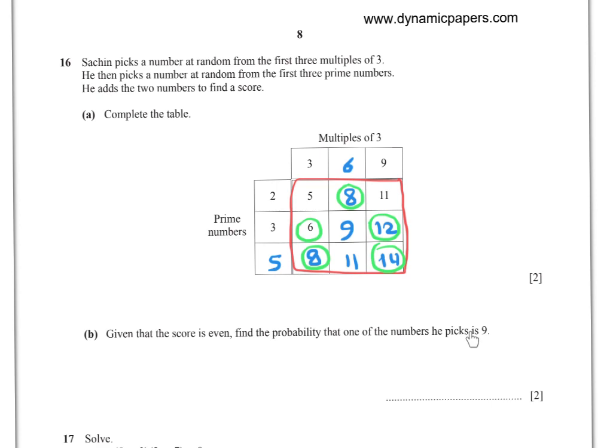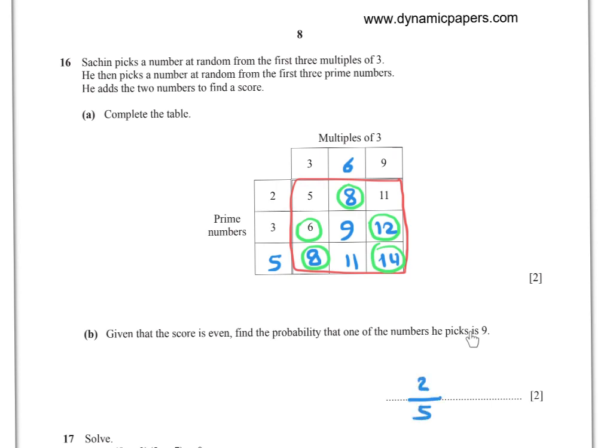So we have 5 even numbers. From these even scores, he picks 9 in 12 and 14. So 2 from 5, so 2 over 5.